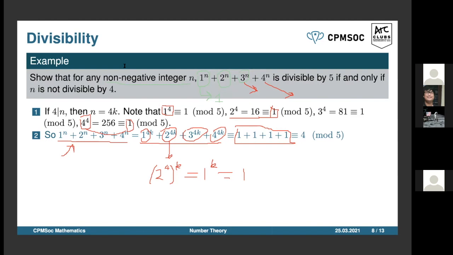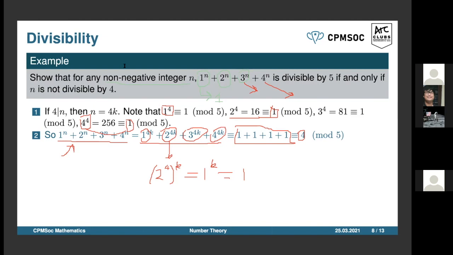In this case, we see that 4 modulo 5 is not divisible by 5, because we want a 0 modulo 5 for it to be divisible by 5. So this proves that if n is divisible by 4, then the expression is not divisible by 5.